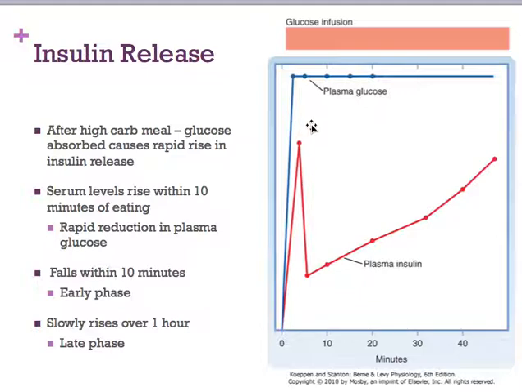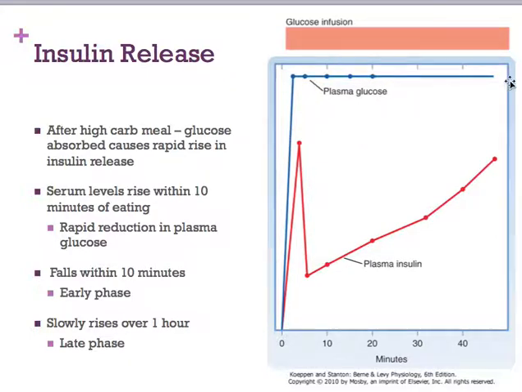Within 10 minutes of eating a high carbohydrate meal, and the same goes with sugary things, because sugars are considered carbohydrates. So that would involve things like soda and alcohol, which is a very, very simple sugar. So within 10 minutes, we see the levels of insulin rise, and then an immediate reduction of plasma glucose in normal individuals after a meal.